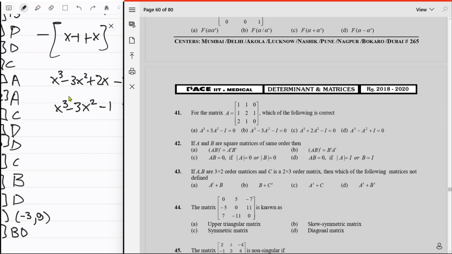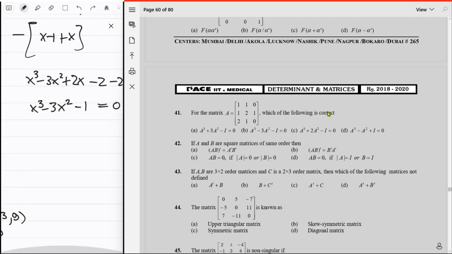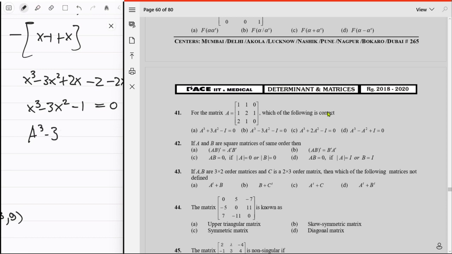Oh god, this is getting very advanced all of a sudden, right? You could actually calculate what A power 3 should be, but this is a much faster way, and if you really want to do it the proper way, this is the proper way. What it says is that A cubed minus 3A squared minus the identity matrix equals 0. So just replace every constant by the scalar identity matrix. You know the thing, right? You don't know the thing.